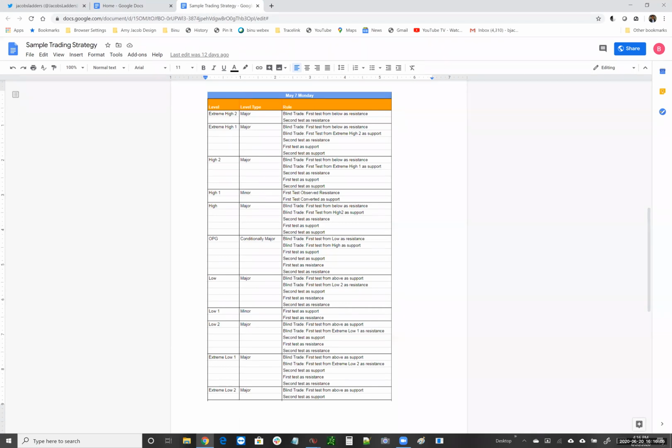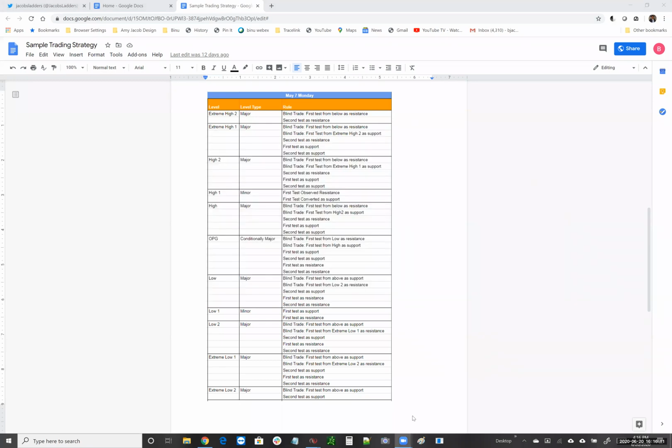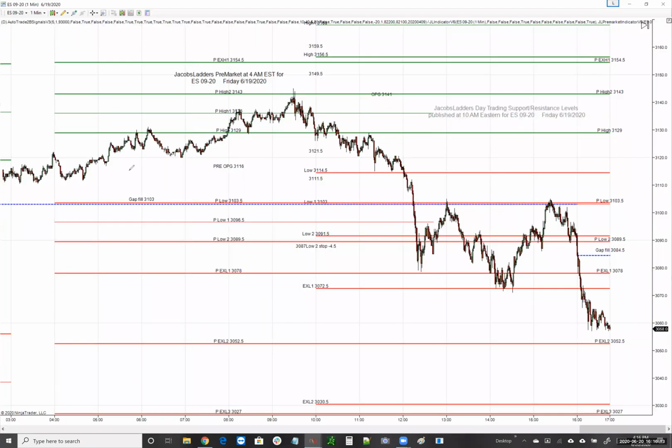So I go to the annotate panel. Let me go back to my trading chart. The first one is here. This is the level high that went resistance a couple of times. This is what I call the very first test and the continued second test as a resistance.